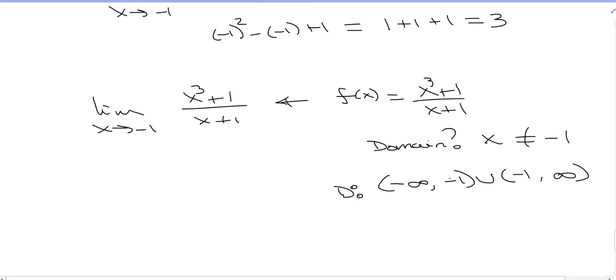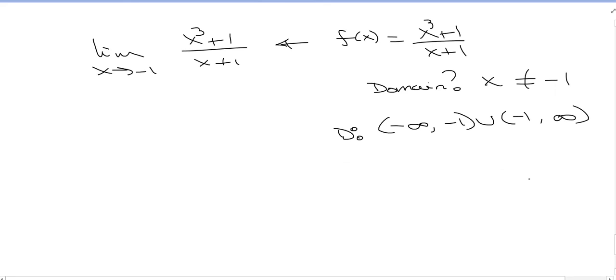So what we're trying to see is, okay, x equals -1 is not in the domain, so there's no specific y value, but I have a graph on either side of that. I have y values. So what are those y values doing? That's what this limit is asking.